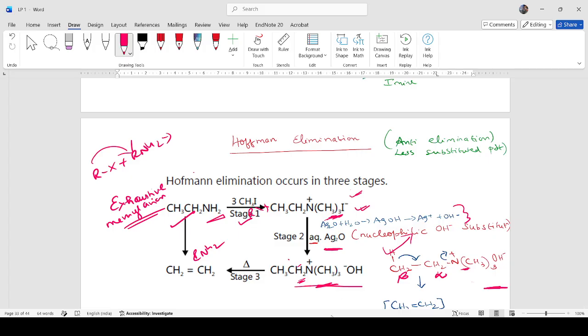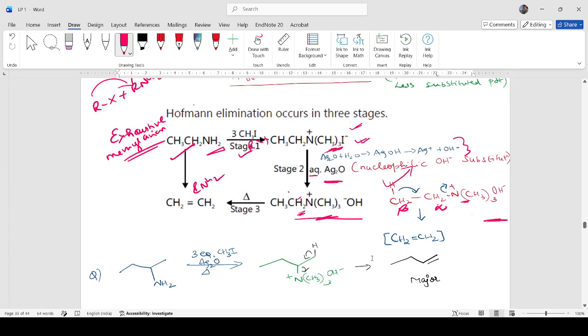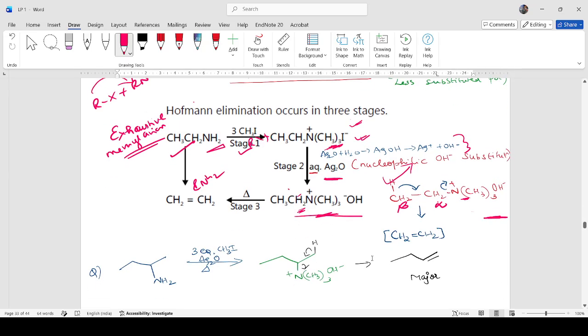Here there is no chance for me to say whether it's anti and all because it is just symmetrical here. Only CH2 double bond CH2. In other cases, if it was substituted, it would be forming the E isomer, not the Z isomer. If a geometrical isomer possibility is there, it would provide me the E isomer, Entgegen, not Zusammen.